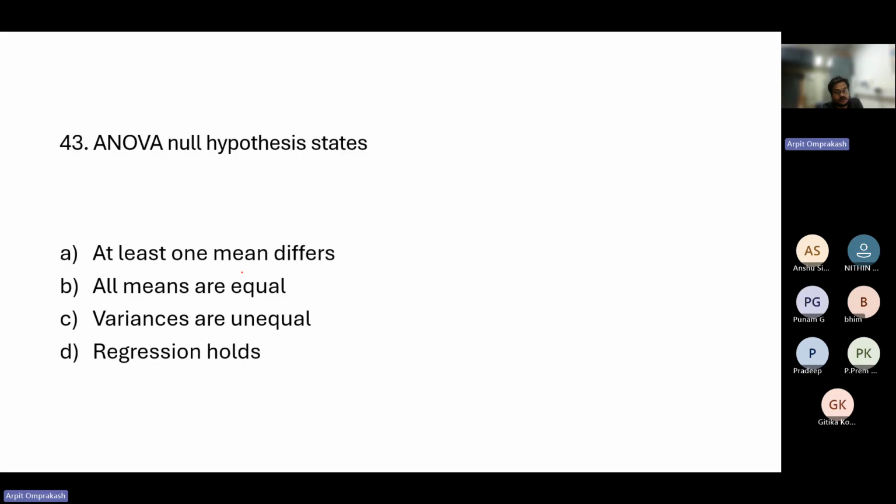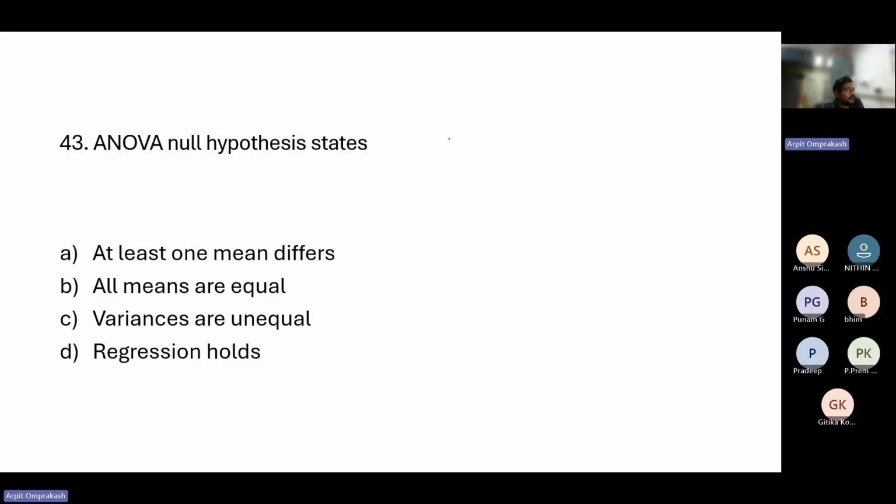So what will be the answer here? What is the null hypothesis of ANOVA?